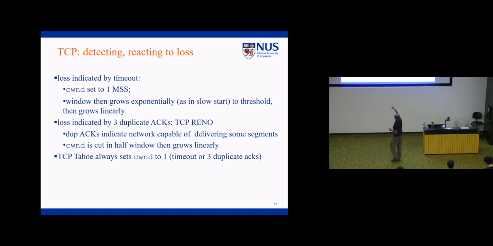So the oldest one was TCP Tahoe, and it said no matter what, we will always go down to 1. And this was not that efficient. So the subsequent version, which is TCP Reno, if it was 3 duplicate acknowledgements, you go down to half. So let me show how that works.